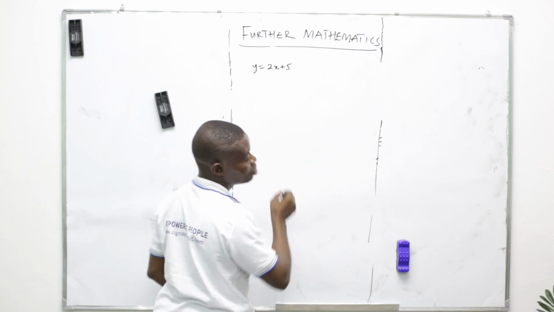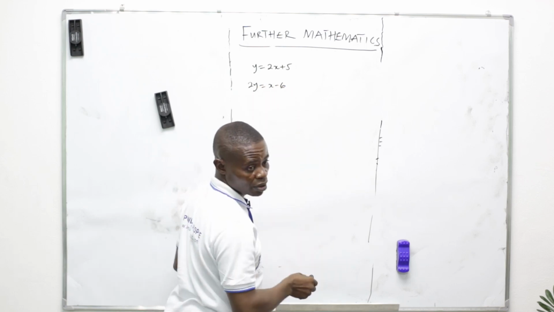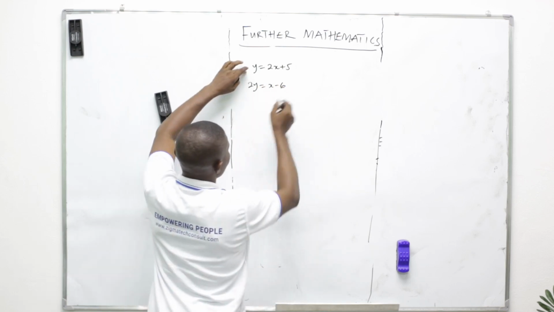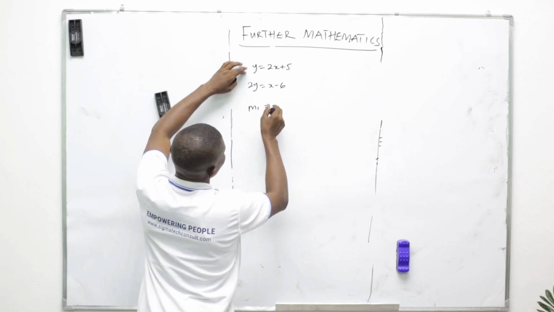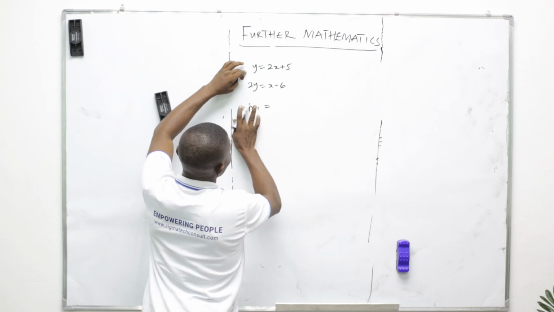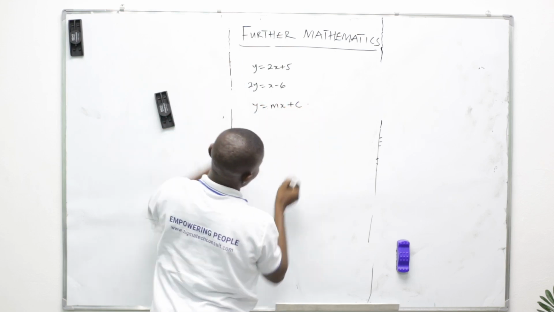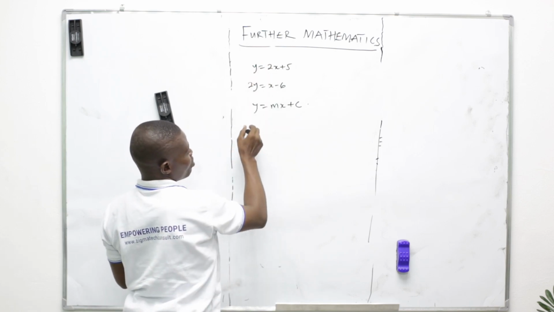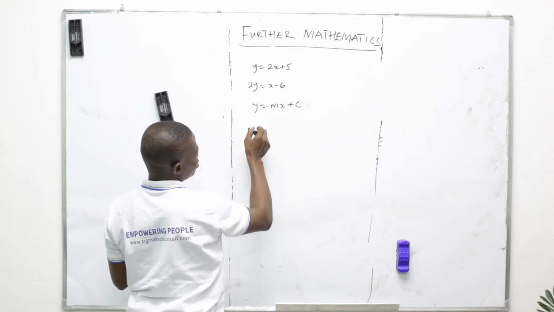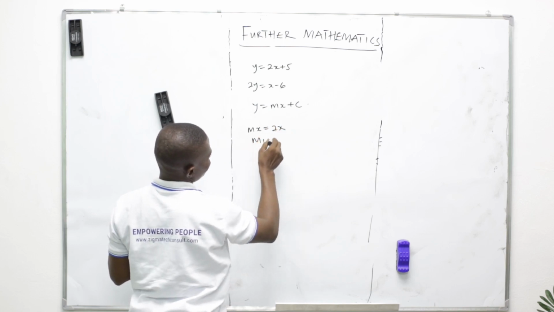Line 2, 2y equals x minus 6. For line 1, I'll say m1 equals... recall y equals mx plus c, the general formula. So I want to get m1 now. m1, that's mx equals 2x, so that m1 equals 2.